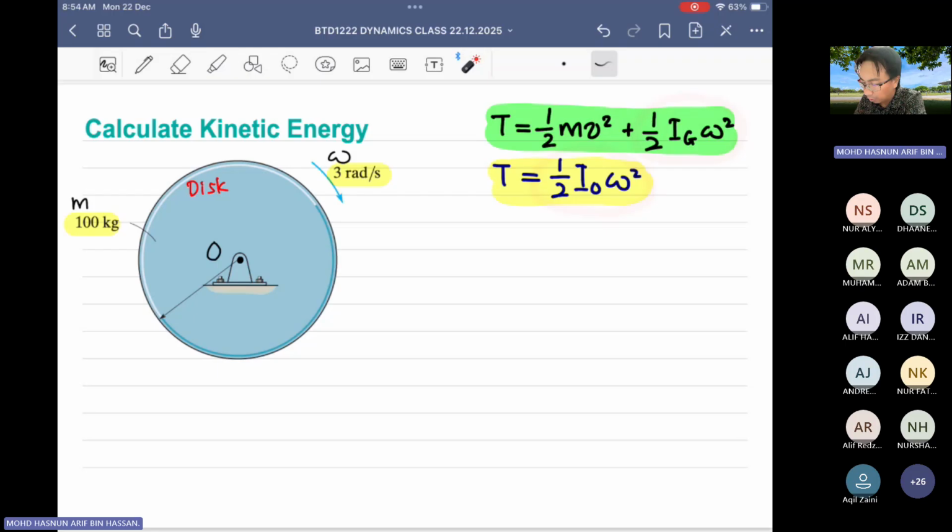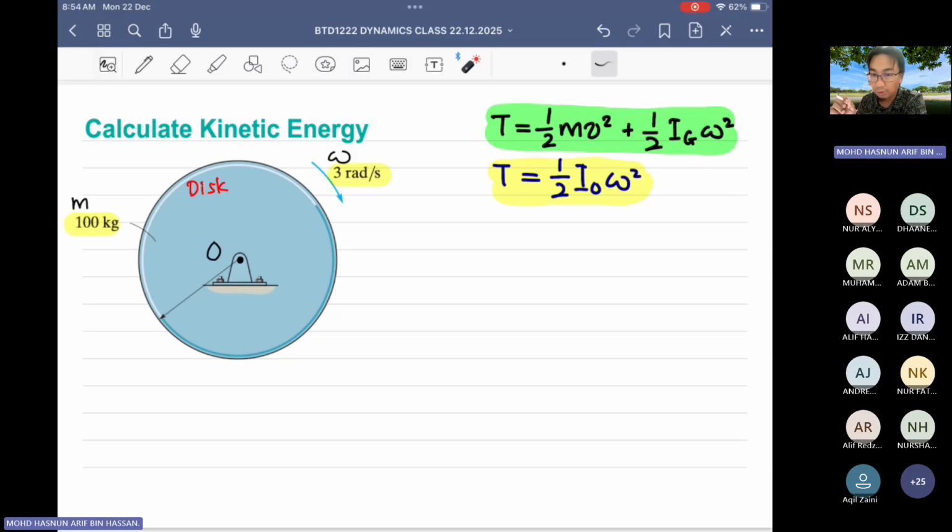Because now the center point is called O, these two are basically the same. So you can use 1 over 2 Ig omega square because the center point is also point G, or you can use 1 over 2 Io omega square. In this case, you do not have to use the parallel axis theorem, because point G and point O coincide.